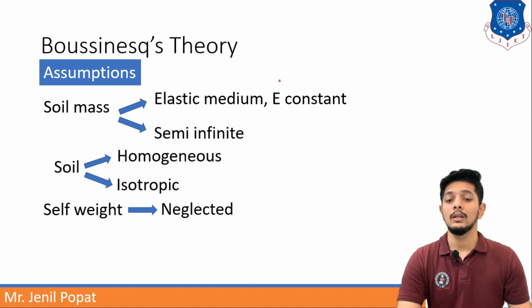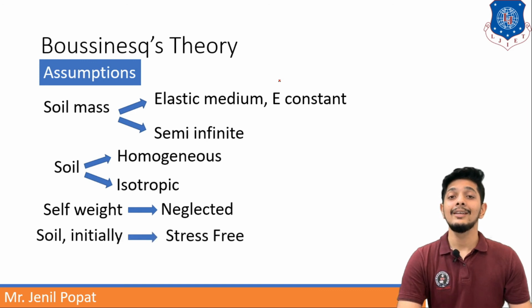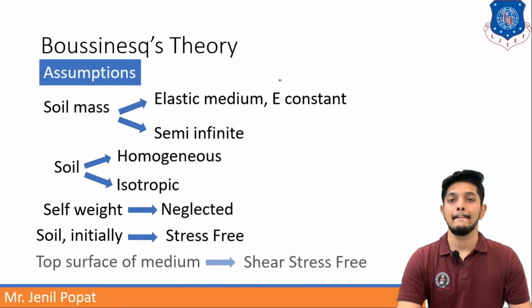Self-weight of the soil is neglected, so we are assuming zero self-weight. Soil initially should be stress-free. We are assuming stress as zero initially. And the top surface of the medium should be free of shear stresses, so there is no shear stress on the top surface of the soil medium. So these are Boussinesq's assumptions.